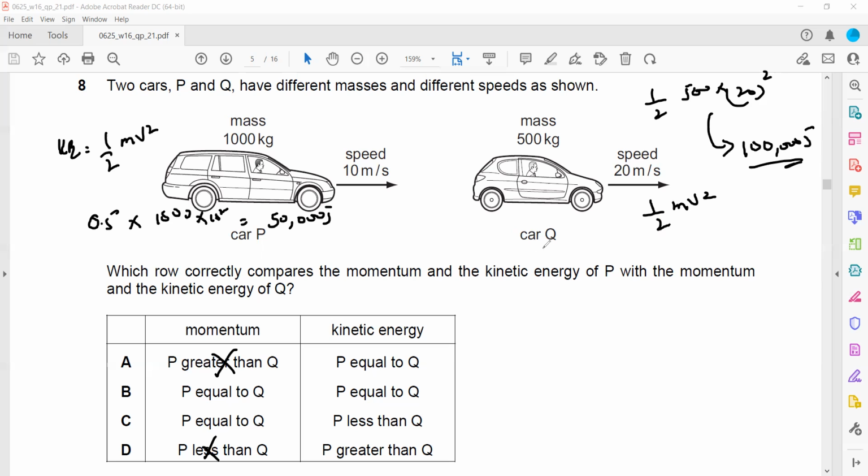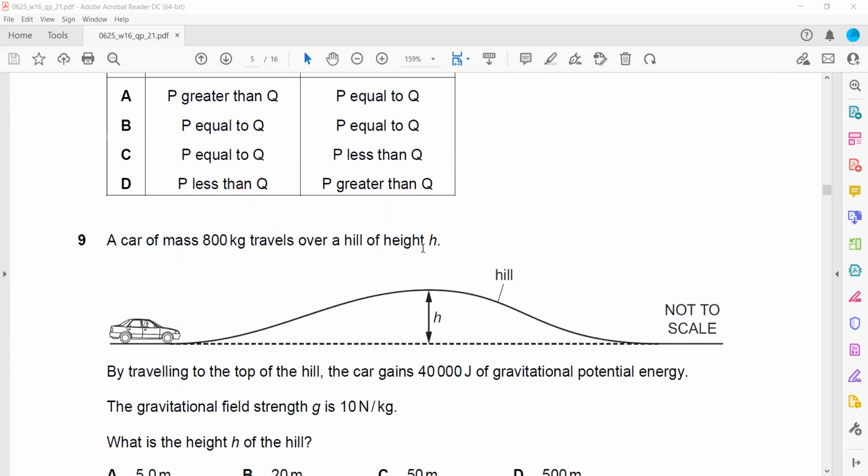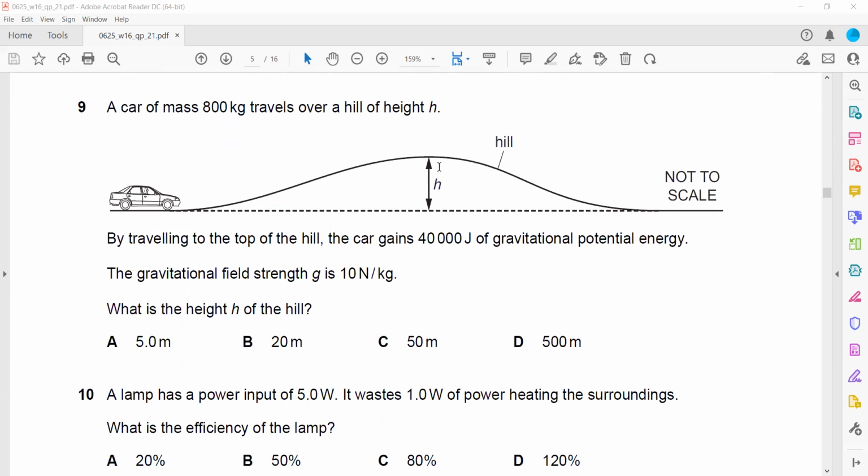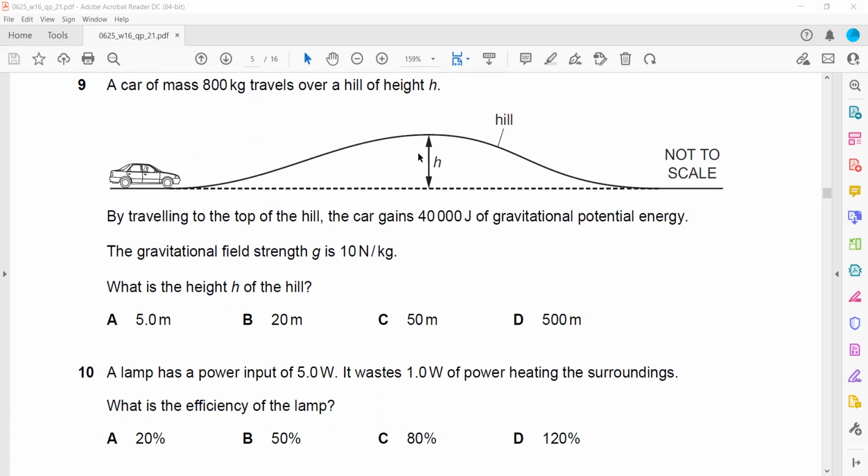So the kinetic energy of car Q is more than the kinetic energy of car P, or we can say kinetic energy of car P is less than kinetic energy of car Q. So C is the right answer. Kinetic energy is half mv squared, whereas momentum is the product of mass and velocity.